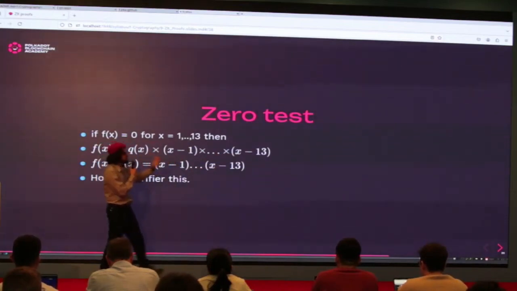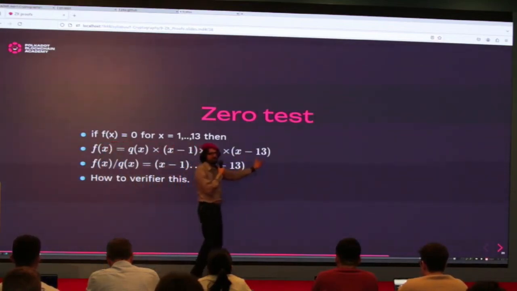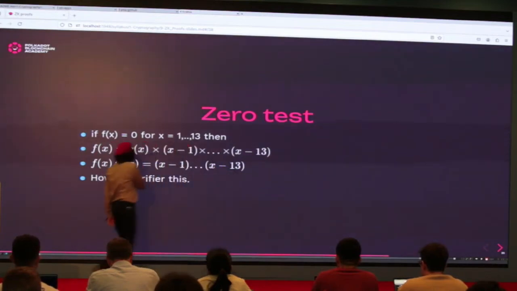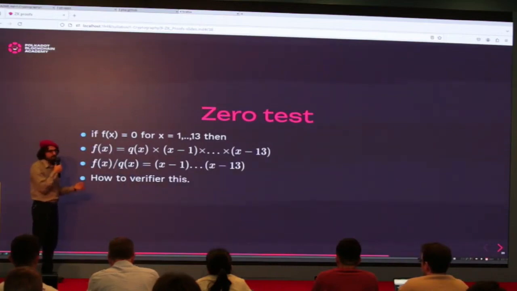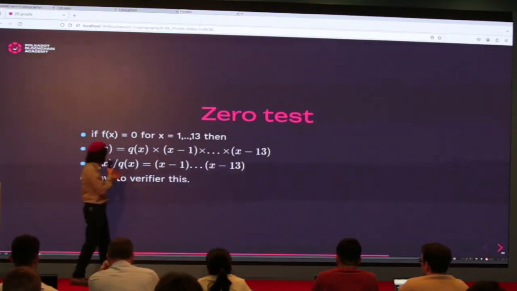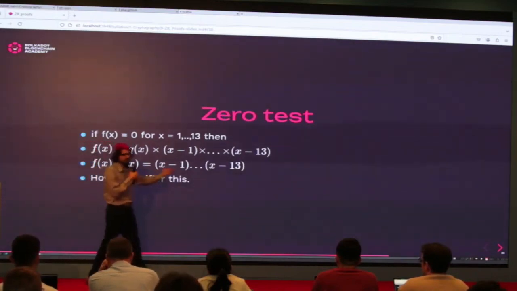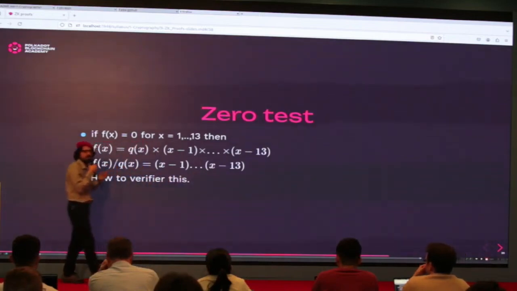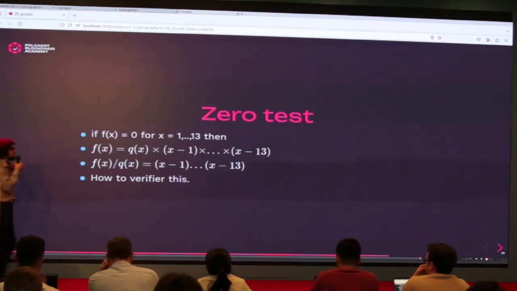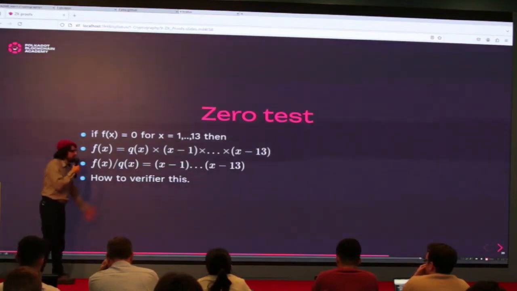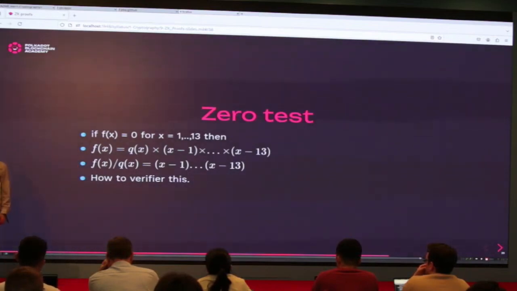If it has a 0 at 13, then it should be divisible by x minus 13. So if the prover actually made a polynomial that is 0 at 1 to 13, then they should be able to divide f(x) by this polynomial and get q(x) as another polynomial. That is how we are going to verify that they actually had a polynomial that was 0 at 1 to 13.